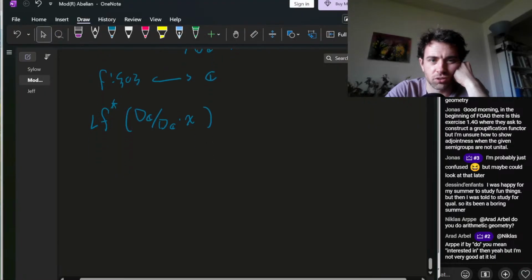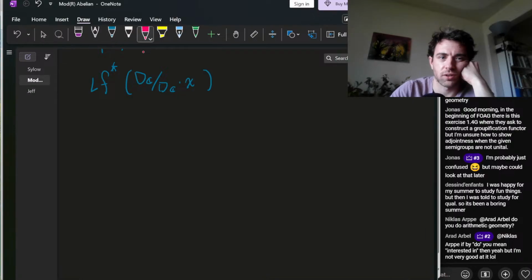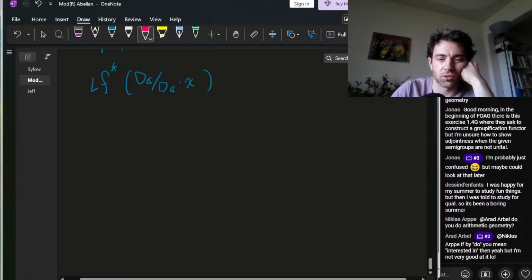Yeah. So what's the best way to prove this? So okay, we've got. Wait again, what are our categories here? Non-empty abelian semigroups.